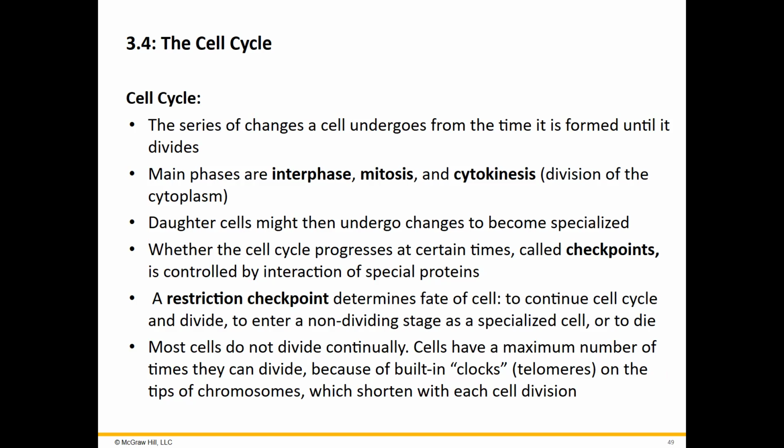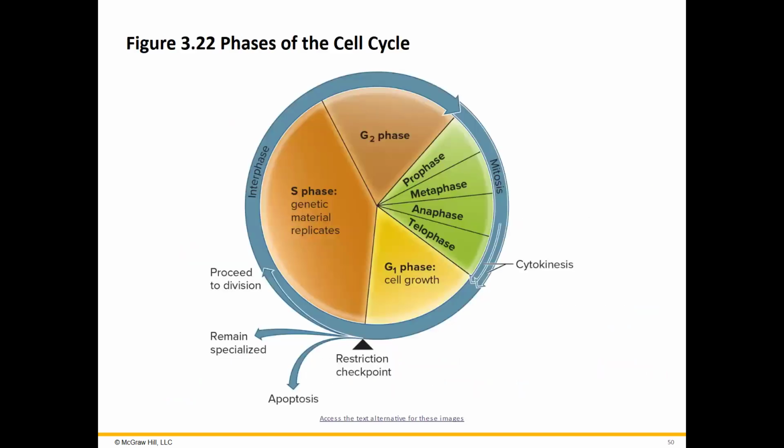The phases of the cycle are called the interphase, mitosis, and cytokinesis. And this is what it looks like. So first, we have our G1 phase. That's our interphase, G1, S, G2. Don't get in the weeds with this. I don't really care about interphase.